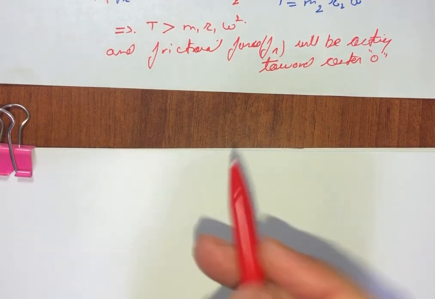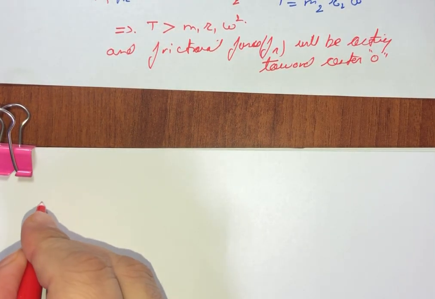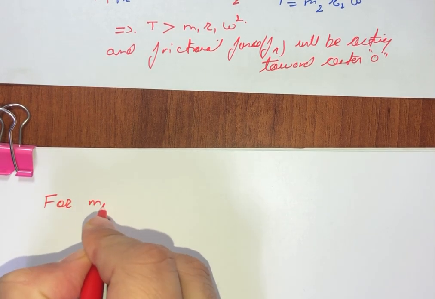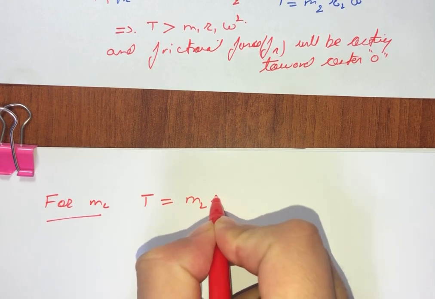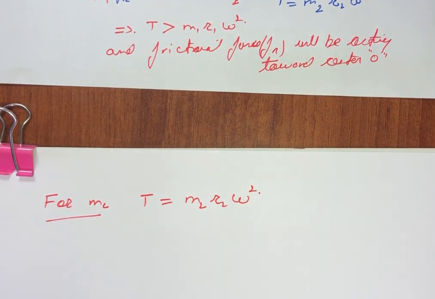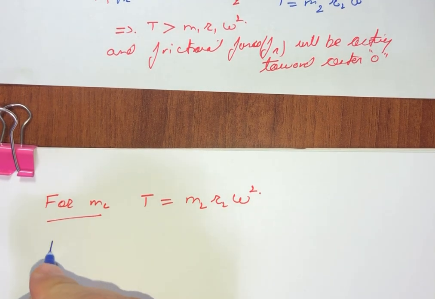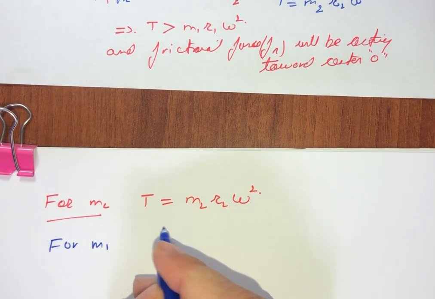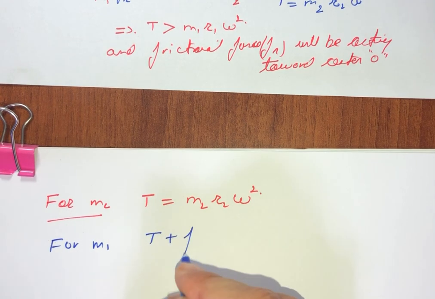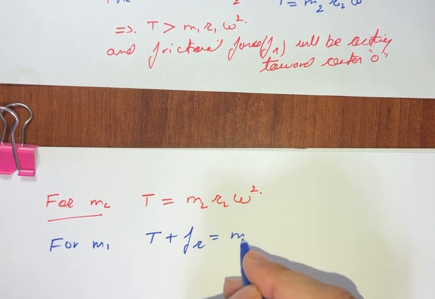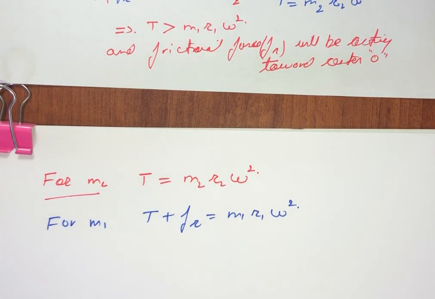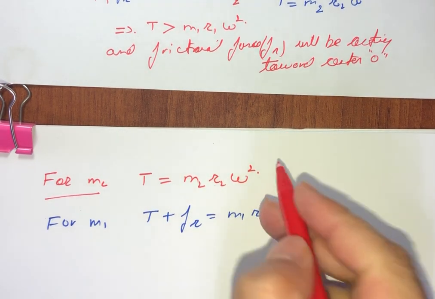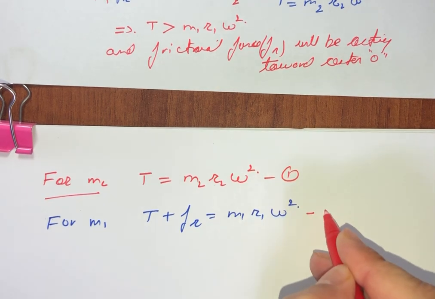So for m2, we have tension T is equal to m2 r2 omega square, and for m1 we are going to have T plus Fr is equal to m1 r1 omega square. So from here we simply substitute the value of T, that is equation number 1 and equation number 2.